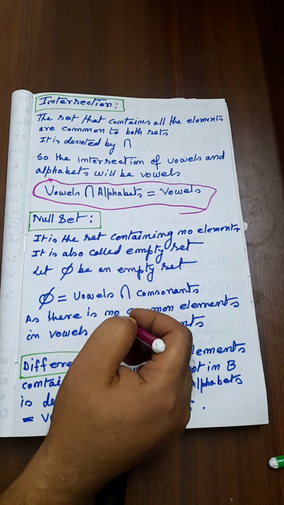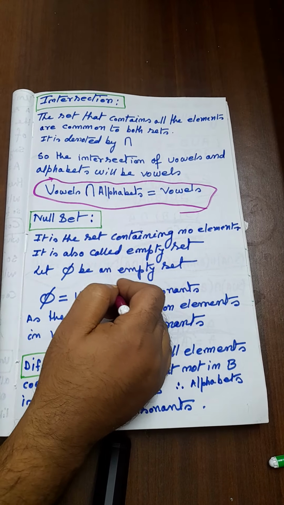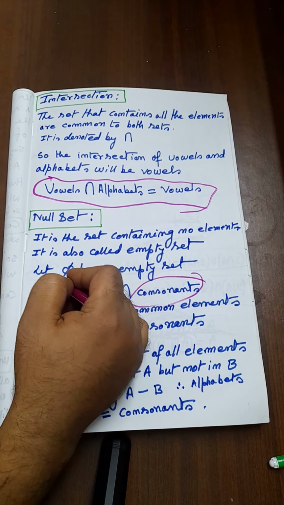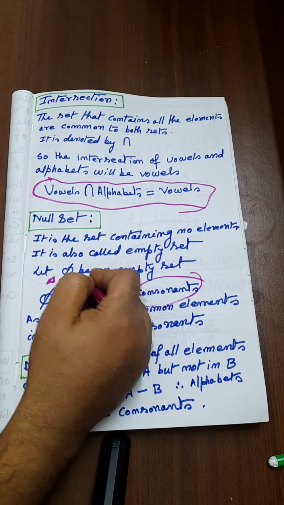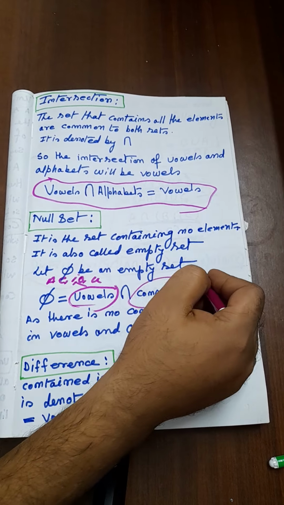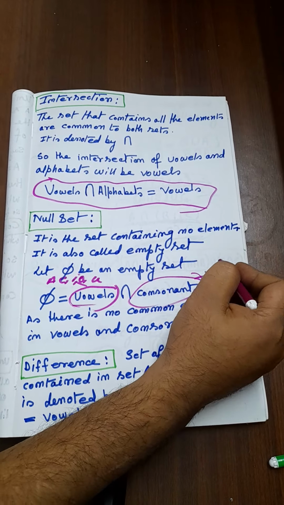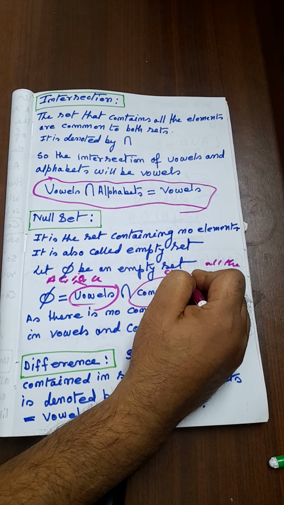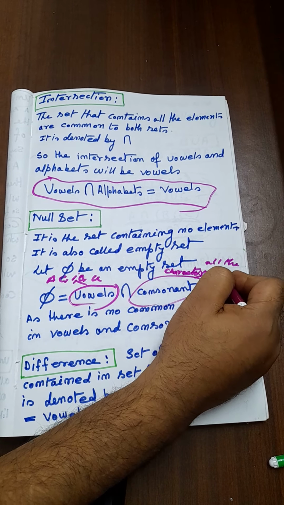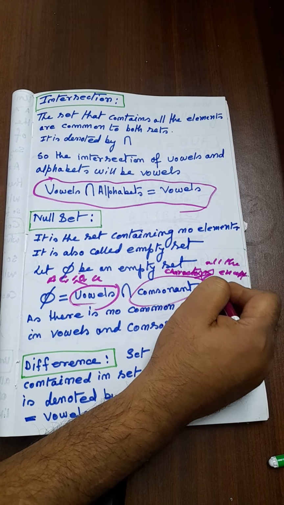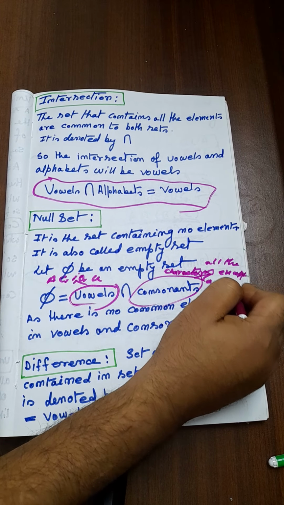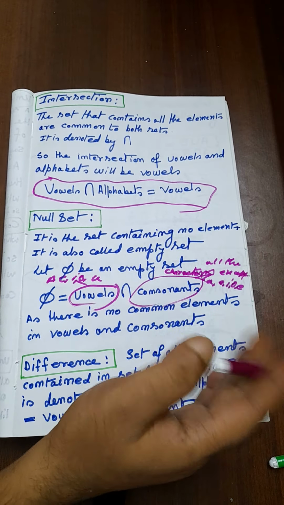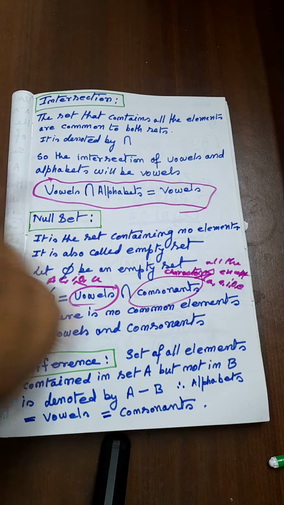Now, if we intersect vowels and consonants, you know, vowels only contain A, E, I, O, and U, and consonants contain all the characters except A, E, I, O, U, right? So there is nothing common in those, right? There is nothing common in these two sets.